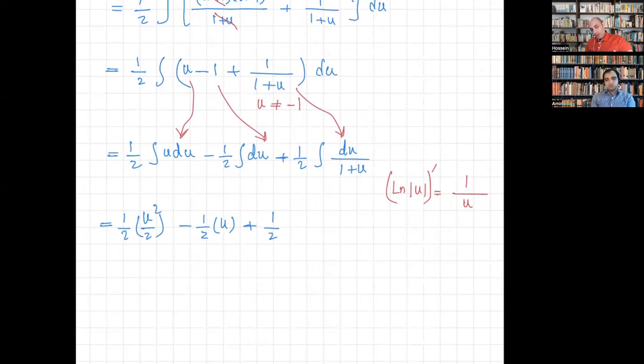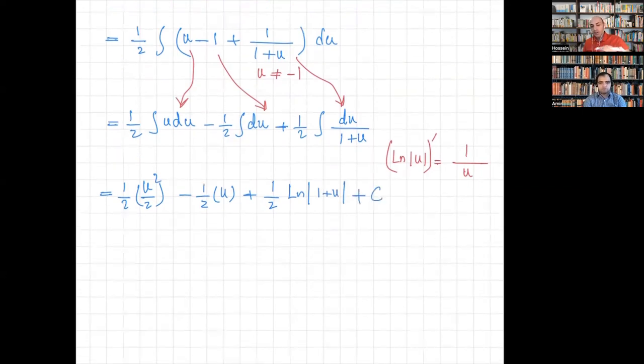I'm not going to do another change of variable, just to avoid confusion. And so the third integral is 1/2 ln of the absolute value of 1 plus u, plus a constant c.